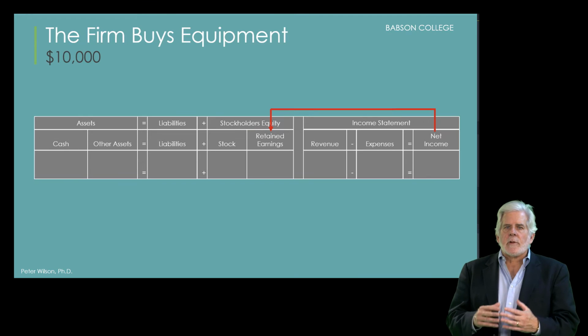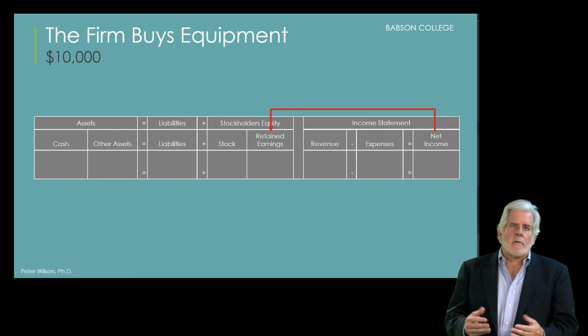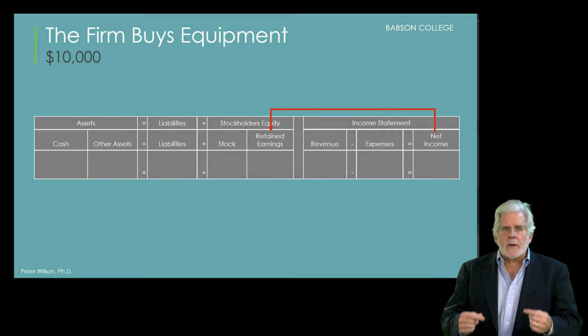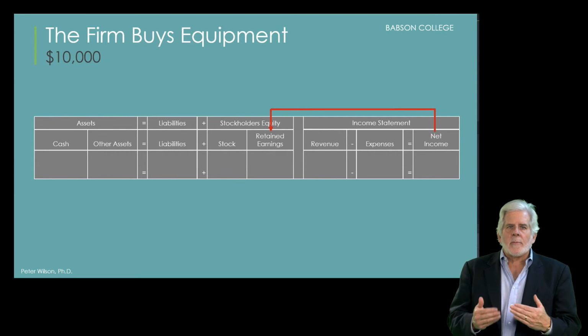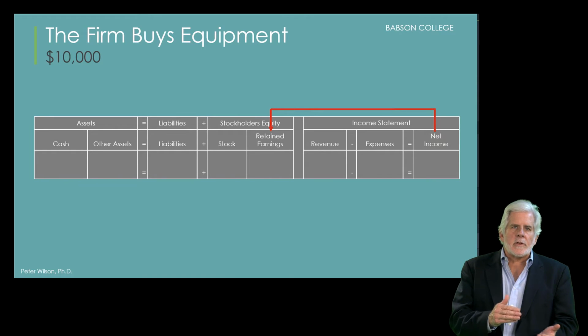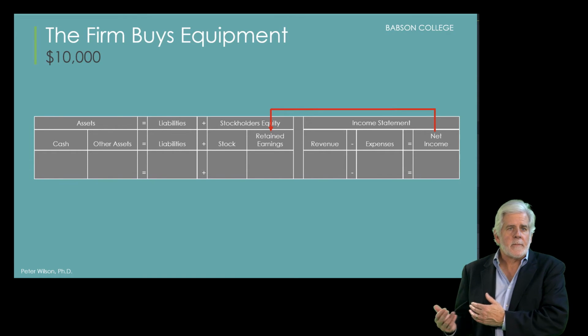The first transaction we'll look at is the purchase of fixed assets. Assume the firm buys $10,000 of equipment for cash. Although this is a fairly simple and straightforward transaction, the first step in determining what journal entry to make is to figure out exactly what the firm is giving up and what it's receiving in the transaction. This will help you to identify which accounts to increase or decrease and by what amount.